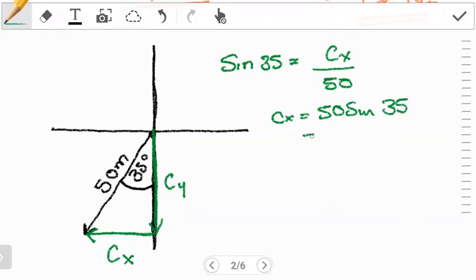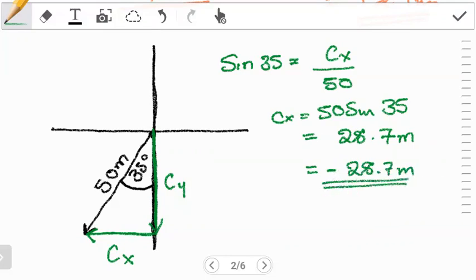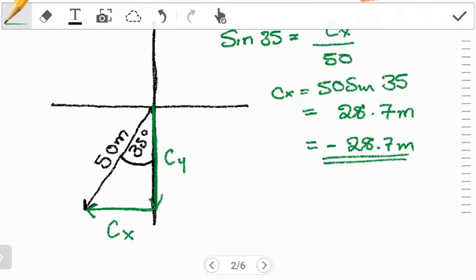Simplifying, this gives us 28.7 meters. But because Cx is pointing to the left, the final answer becomes negative 28.7 meters. I've inserted the negative because I observed that this is pointing to the left. Okay, so this is Cx.